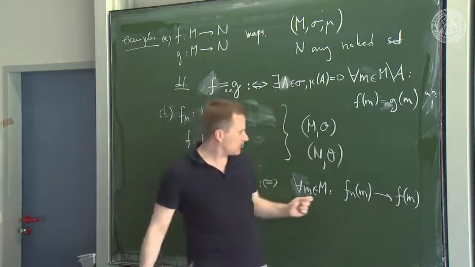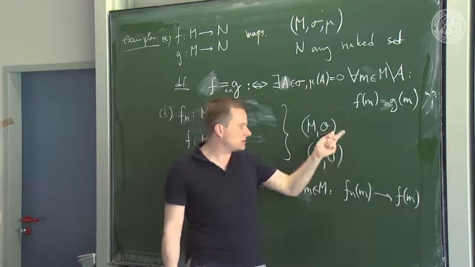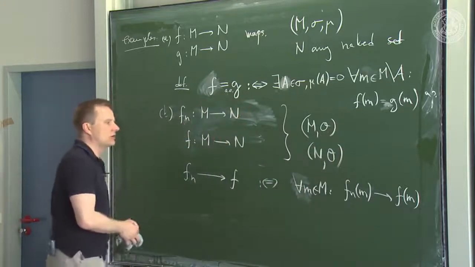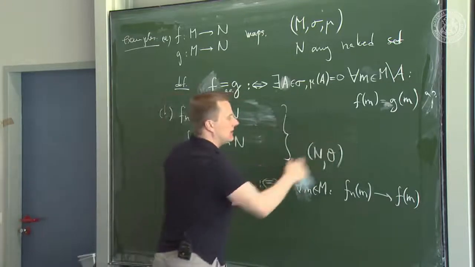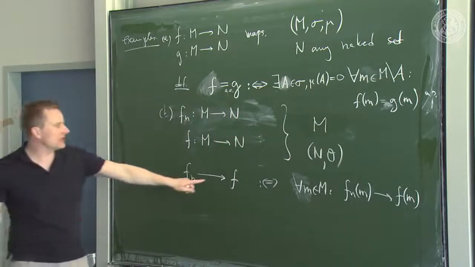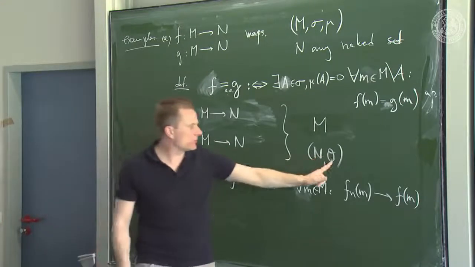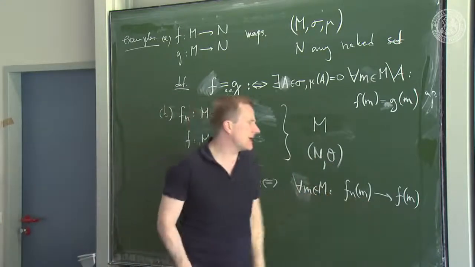So this is now, because you fix the m, a sequence in N, and you need a topology on N to talk about its convergence. So you need M to be a set, if you just want standard convergence, and you need N to be a topological space so that you can decide on this convergence.